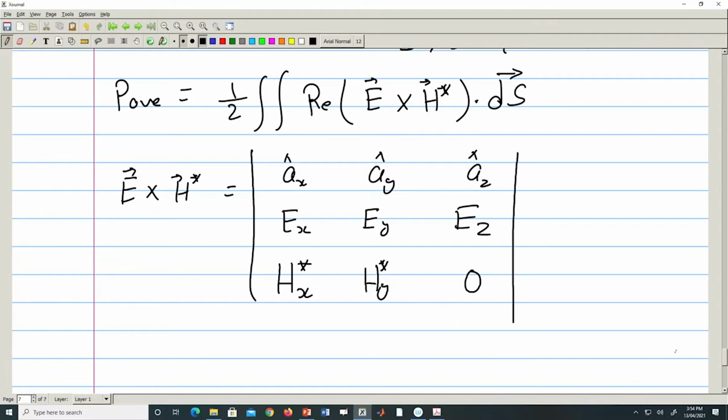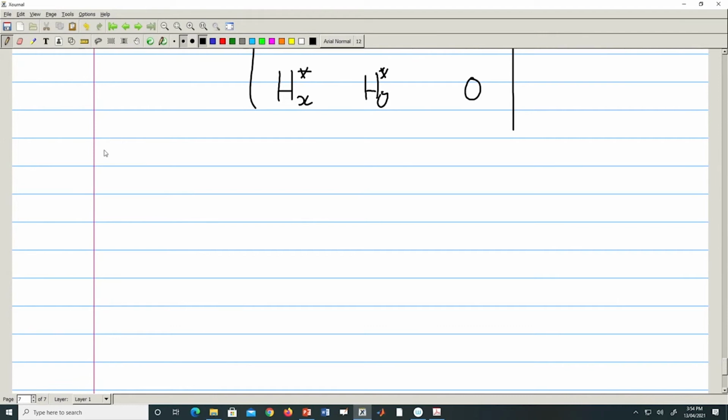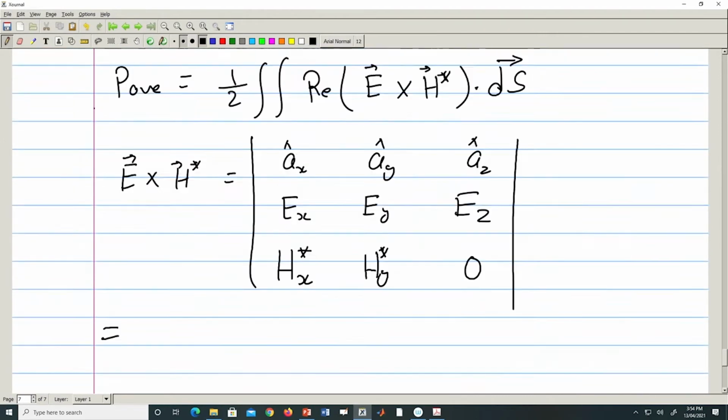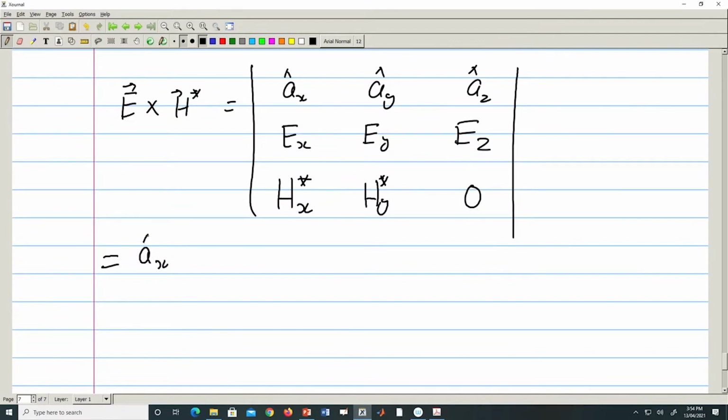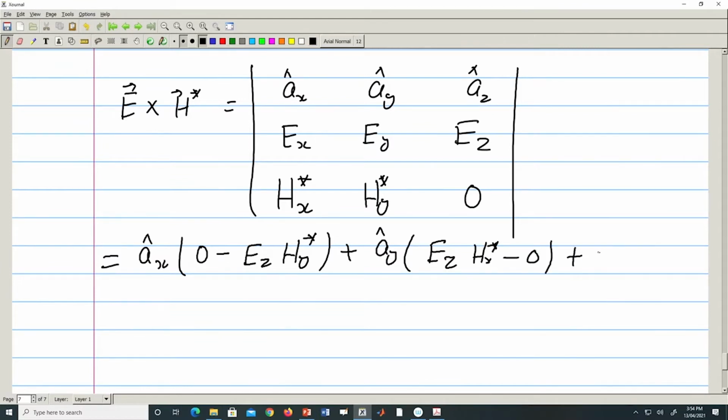So, after calculation we will get, we can take x common: 0 this into this, 0 minus Ez Hy star, plus Ay times this minus this, Ez Hx star, minus 0, plus Az times Ex Hy star minus Ey Hx star.